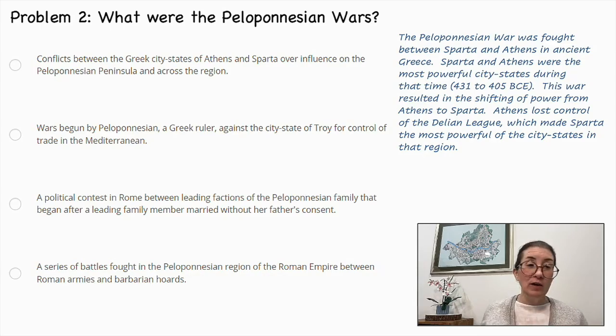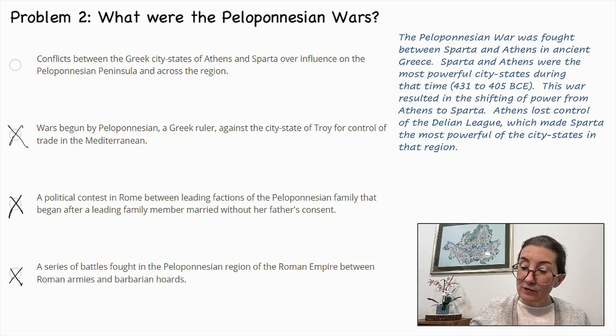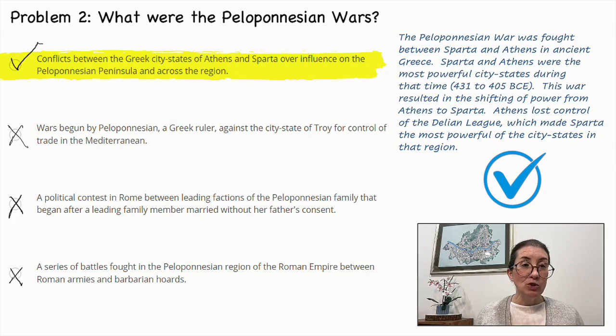So we can now very easily eliminate all the answers about Peloponnesia being a person, a family, or a region in the Roman Empire. And it is definitely conflicts between the Greek city-states of Athens and Sparta over influence on the Peloponnesian Peninsula and across the region.